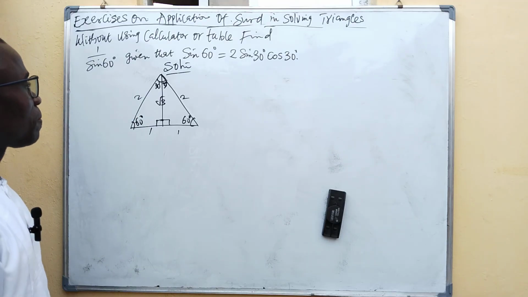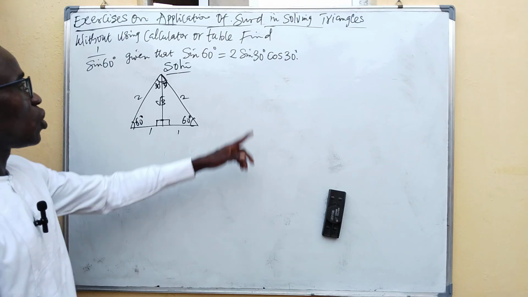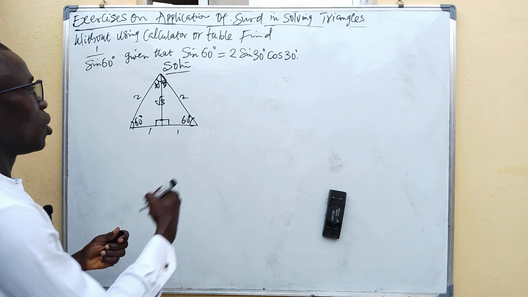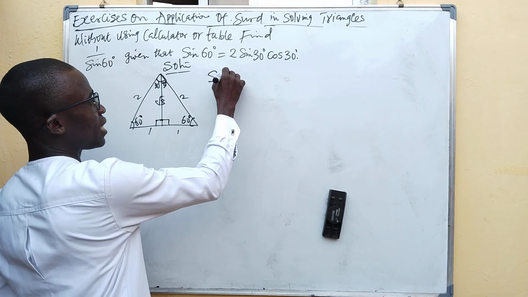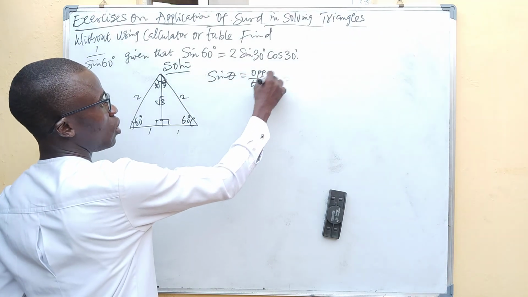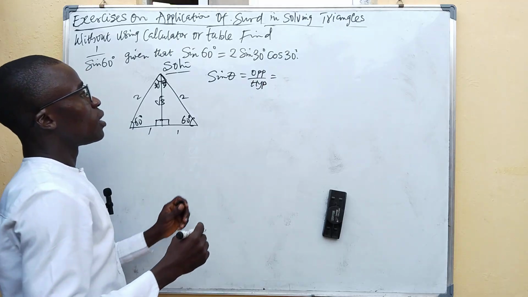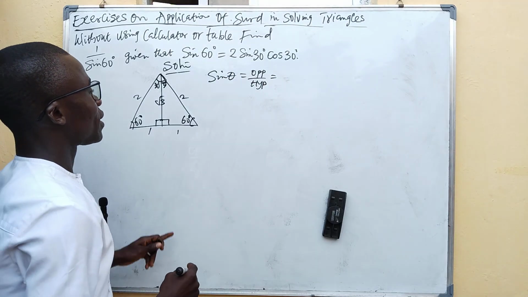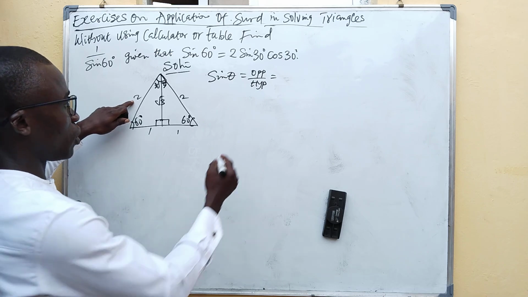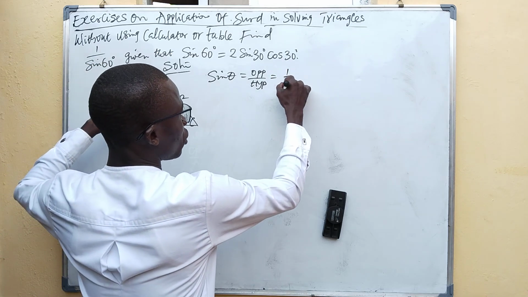Having done this, the next thing you need to do is, what is our sine 30 from here? You have known that sine theta is opposite over hypotenuse. So sine 30, with respect to 30, this is opposite over hypotenuse, which will be 1 over 2.